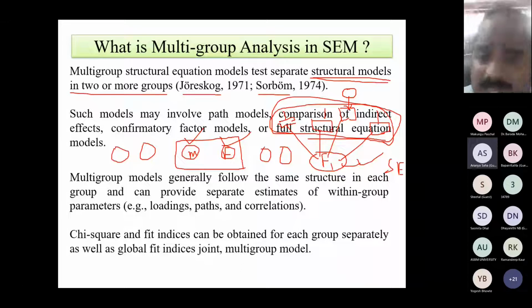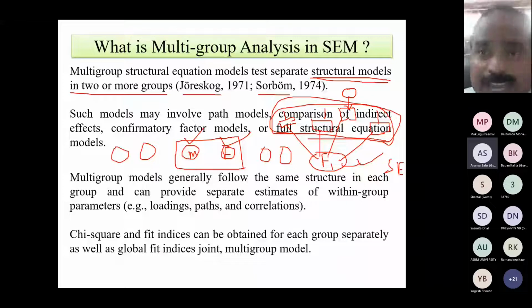That is the reason most reviewers of highly reputed journals are asking, do the invariance testing. Do the invariance testing for gender if gender is a crucial variable for your research. Do it for marital status if marital status is crucial. Do the invariance testing to show your measurement is same for male and female.